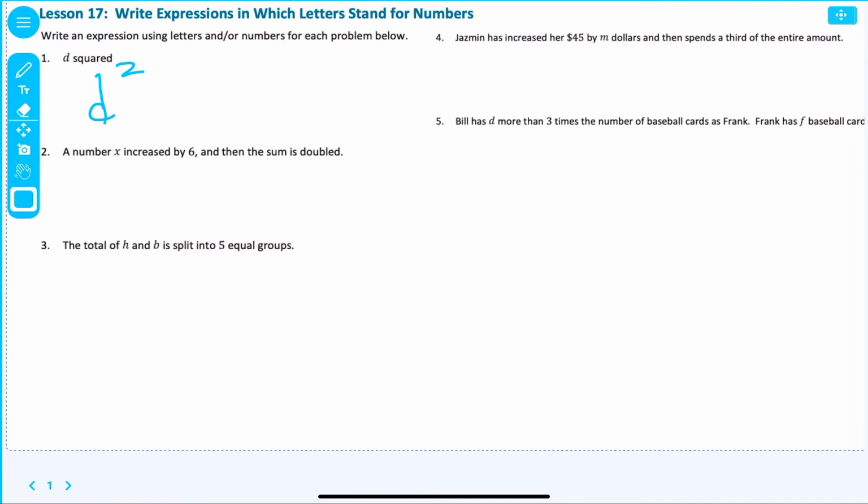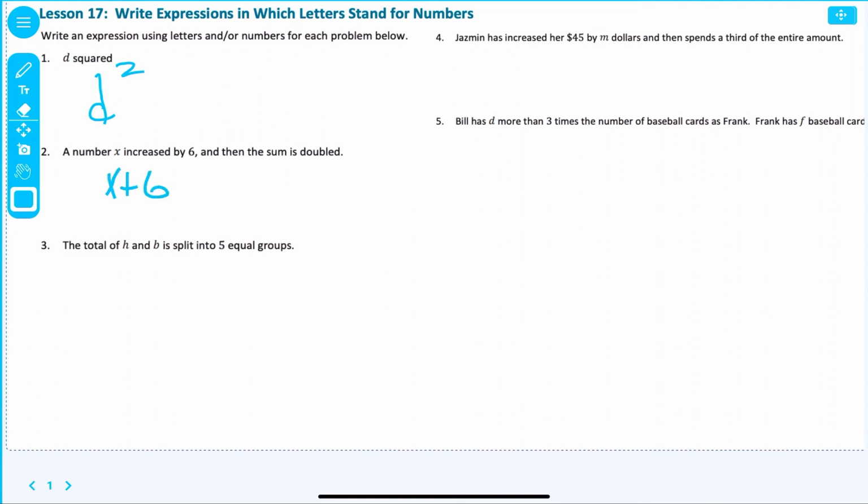Okay. Number 2, a number x increased by 6, and then the sum is doubled. Ryan. Can we do x minus 6? You need to read that again. Are you on lesson 17? A number x increased by 6.